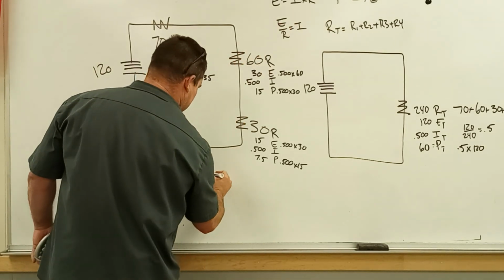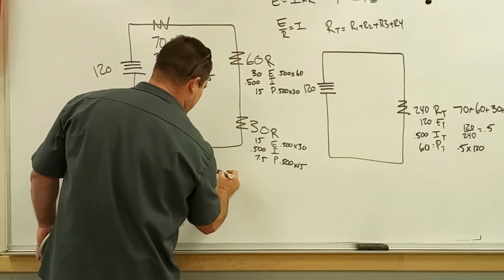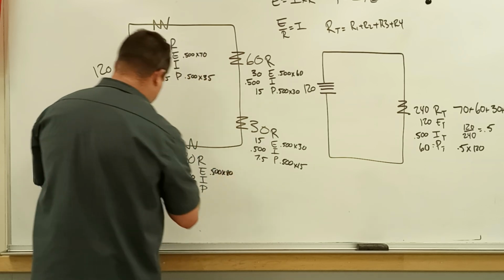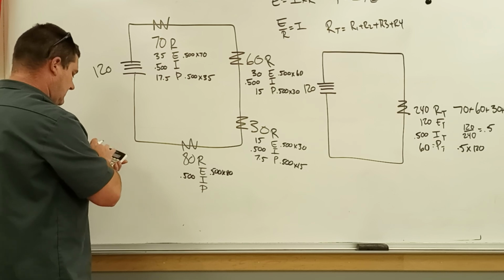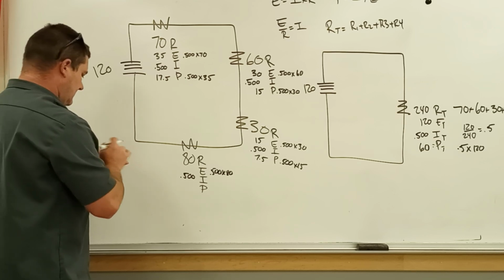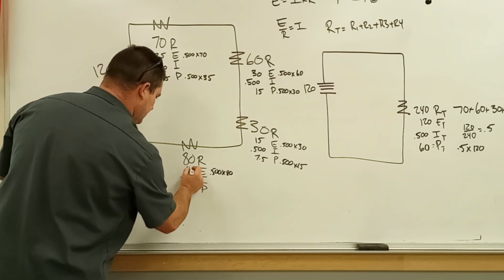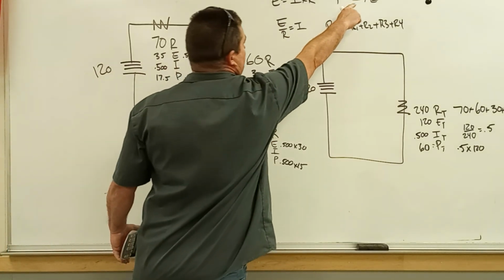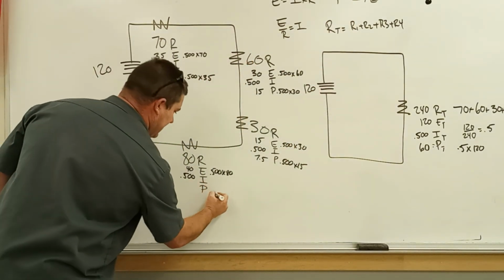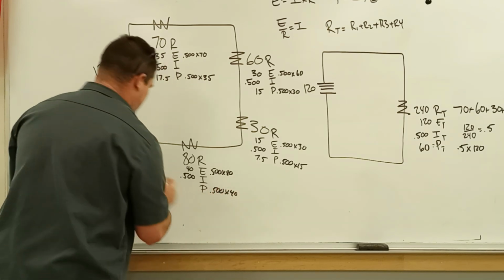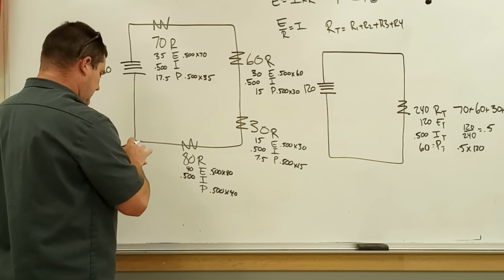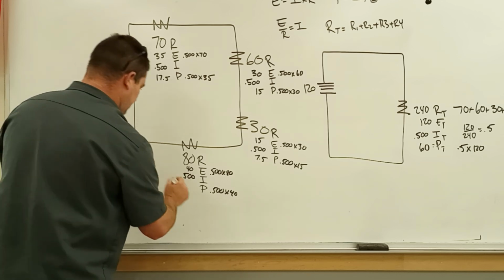E equals I times R, 0.500 times 80, 40. P equals I times E, I, 0.500 times 40, 20.